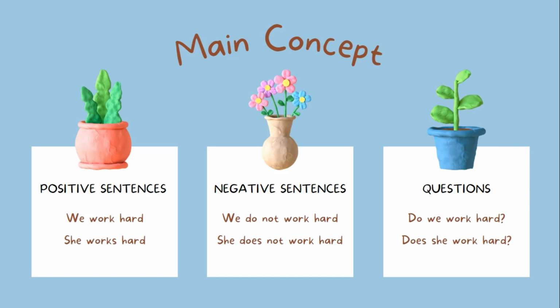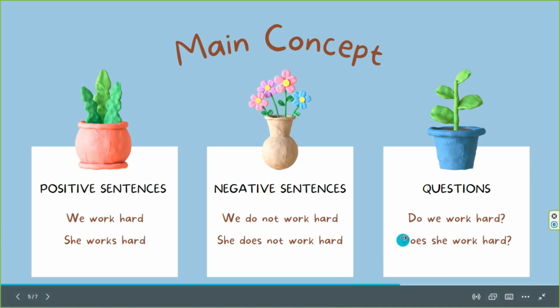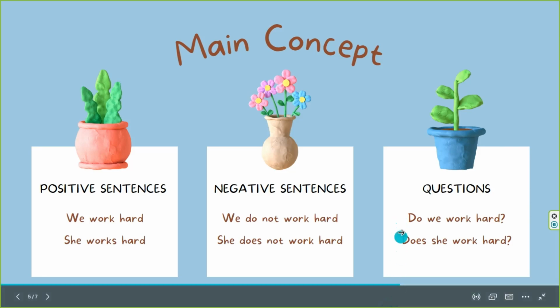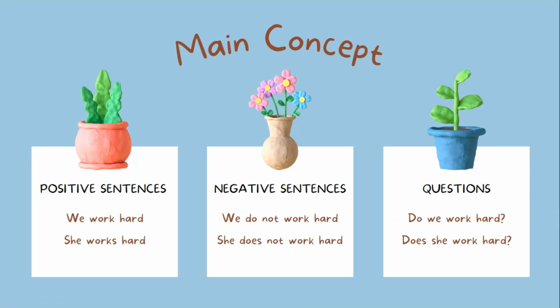Now, how do I make a question? Well, very simple. With the help of the auxiliaries that we just saw, do and does, you just have to put it at the beginning of the sentence, and that way you will have your very own question.